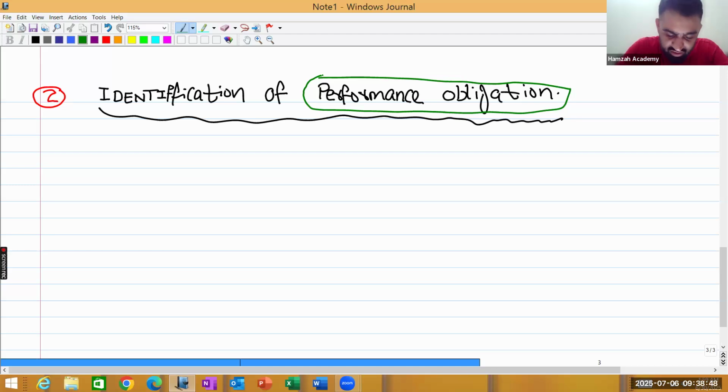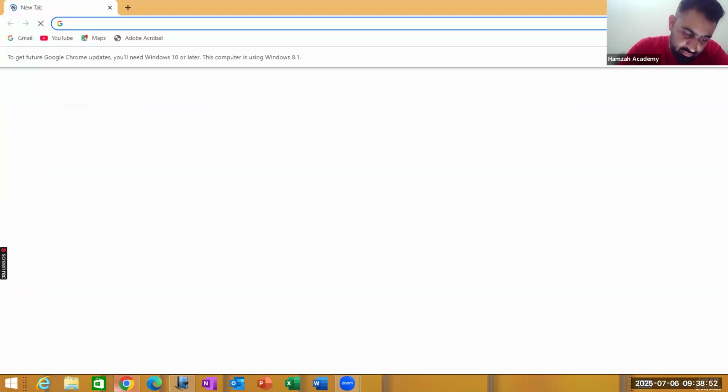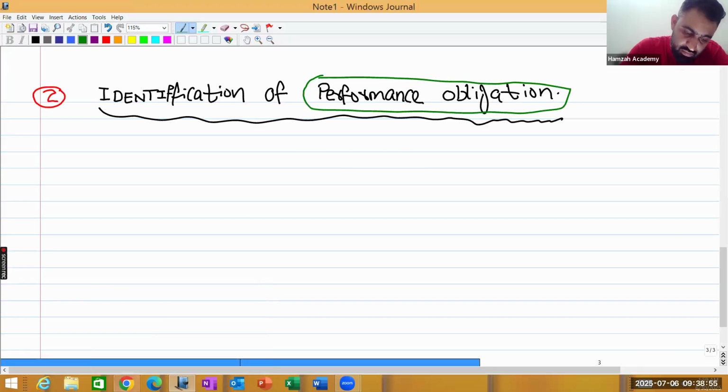Identification of the performance obligation. Now, what is a performance obligation?